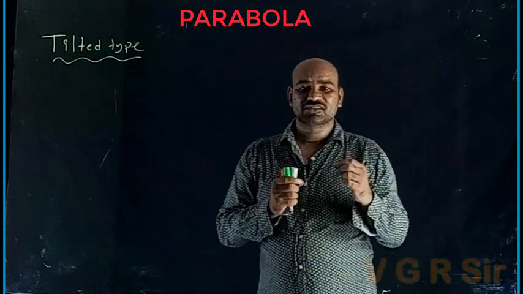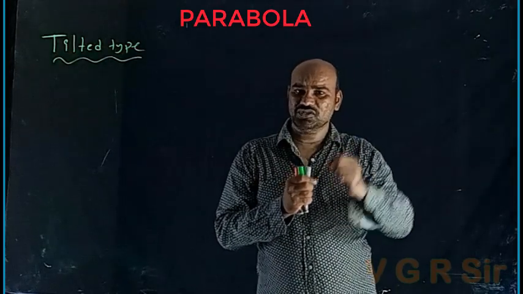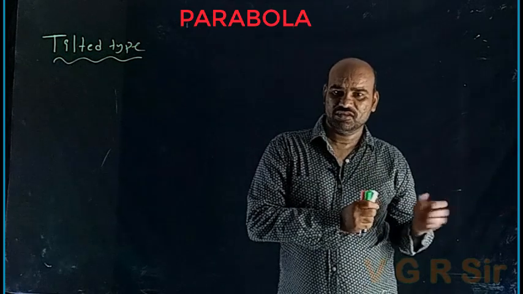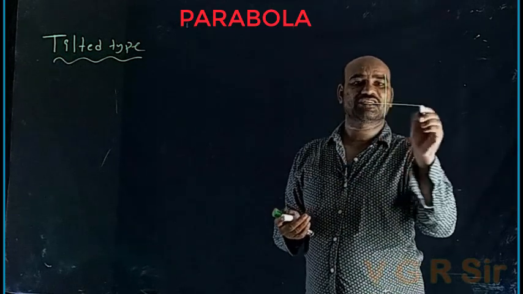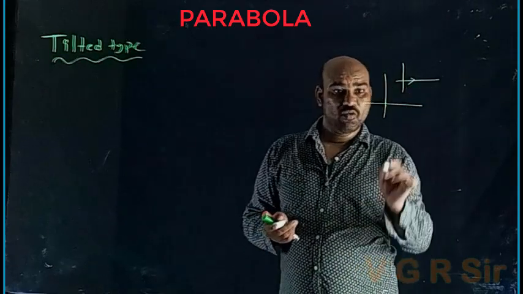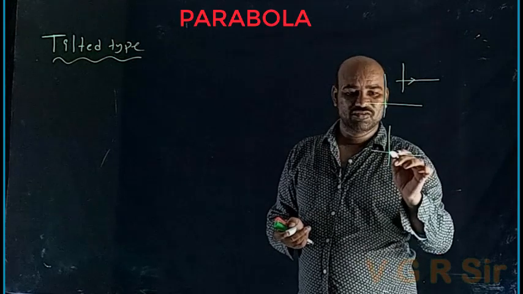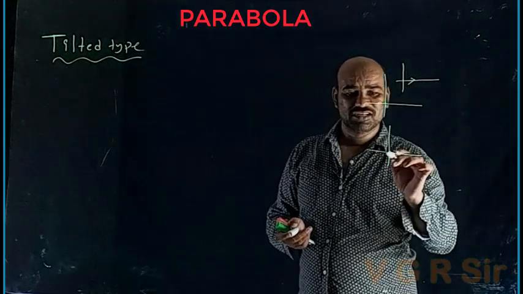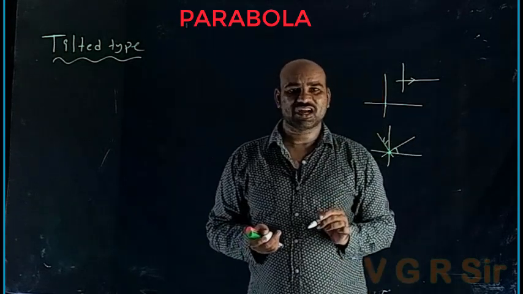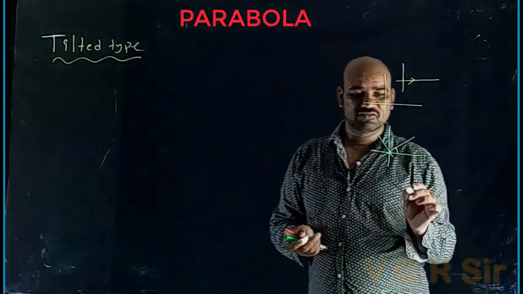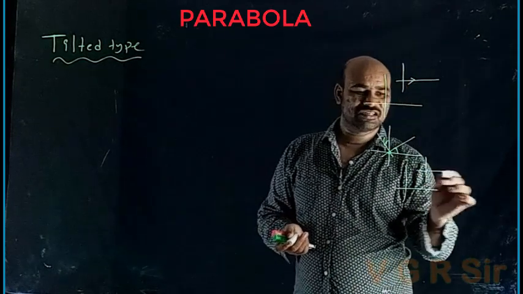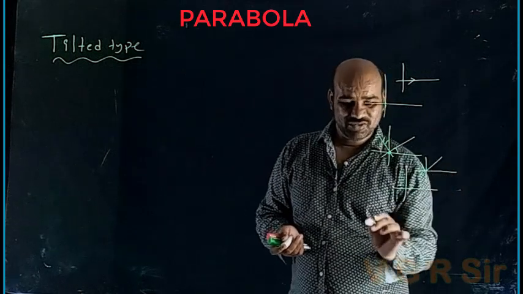Translation means just shifting the origin from one place to another place without changing the direction of the coordinate axes. Another transformation is called rotation. Without changing the position of the origin, the coordinate axes are rotated through an angle, either clockwise or anti-clockwise. One more transformation is translation and rotation both. First translate, after that rotate.